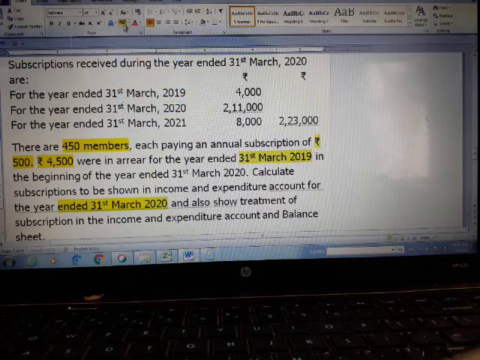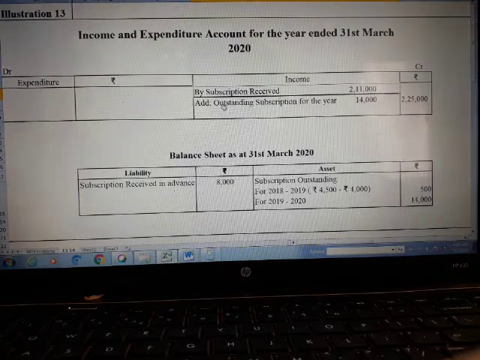Able to understand? So we should only focus on the amount I received as subscription for the year 2020, that is 2,11,000. So by subscription received 2,11,000.